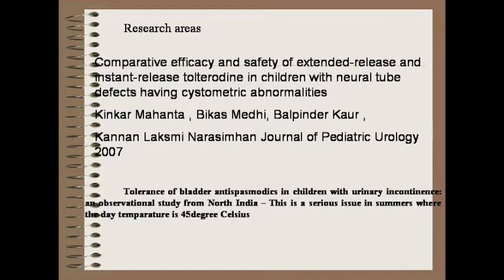The other problem is our temperatures. Our temperatures in winters vary from 0 to 10, and in the summers it goes to 45 degrees centigrade. So the serious issue is tolerance to oxybutynin. We have a great problem, and I asked one of our trainees to do a study on tolterodine versus oxybutynin.